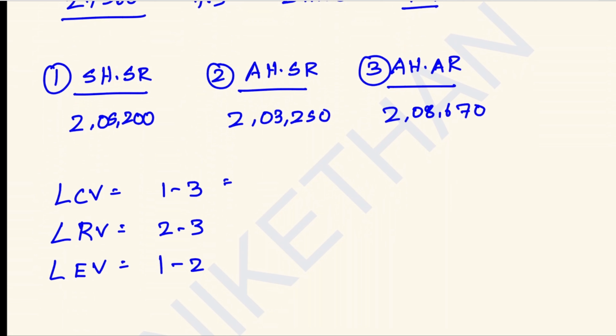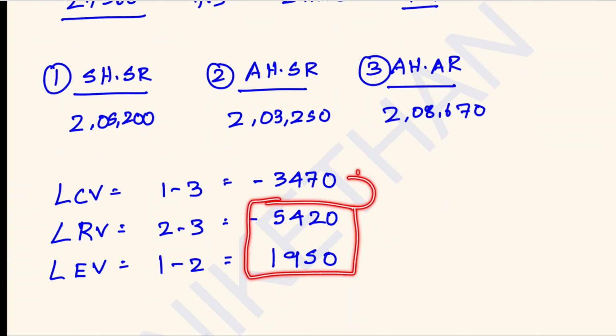So cost variance is minus 3,470, rate variance is minus 5,420, and labor efficiency variance, see here it has to be positive. When you reconcile, it should match 1,950. So reconciliation of these two, is it giving? This check has to be done. It is giving. So this means these are right.